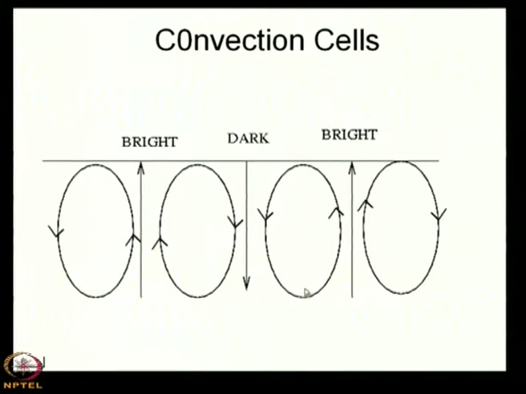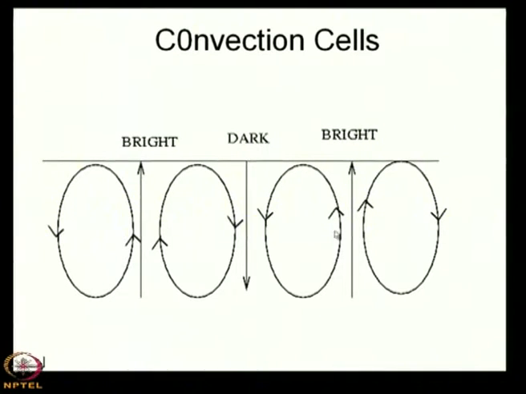So, you have this kind of cyclic motion for these bubbles, and you expect structures that look like this. These are convection cells.